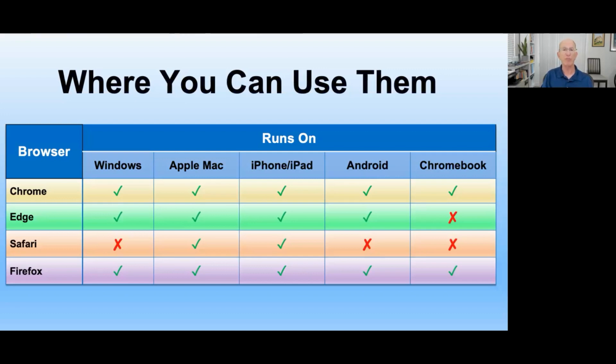Because many people may have an iPhone and they use Safari, but then they use Edge or Chrome on their desktop, which is okay. But you are using technologies from two different organizations at that point.